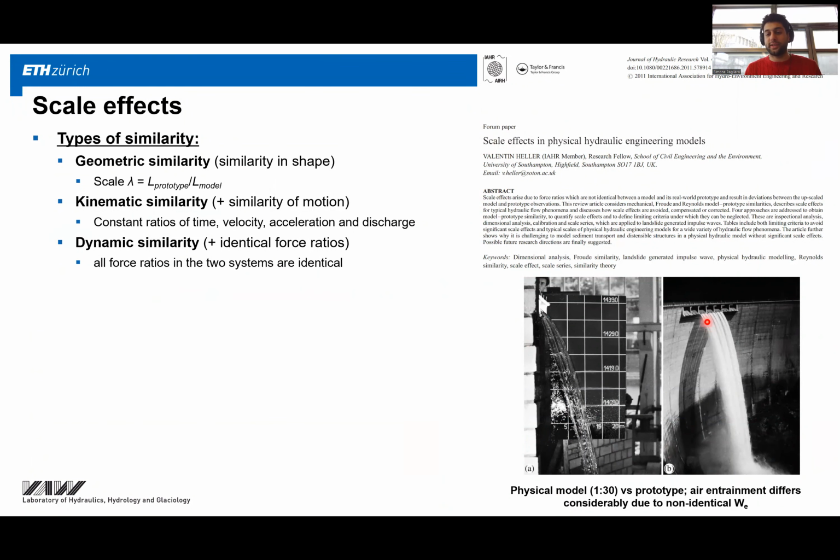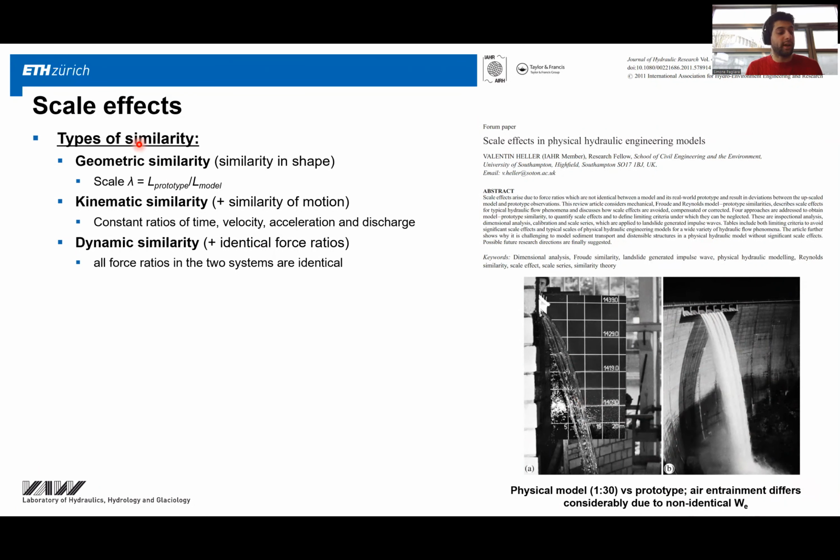But here you can see a physical model on the left, which is geometrically scaled to a scale 1 to 30 with respect to the prototype. And you can see that the flow behavior is very different in the two. This is because it has been scaled with Froude similarity, but the Weber number doesn't match. And therefore, the air entrainment cannot be well modeled.